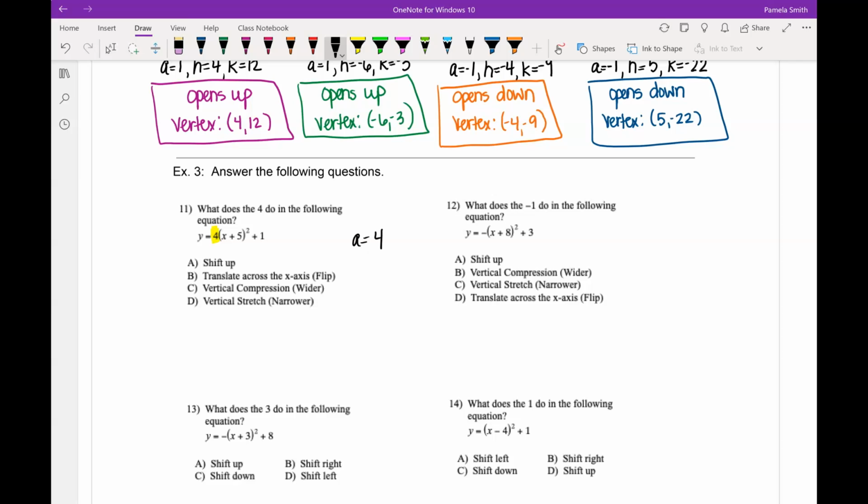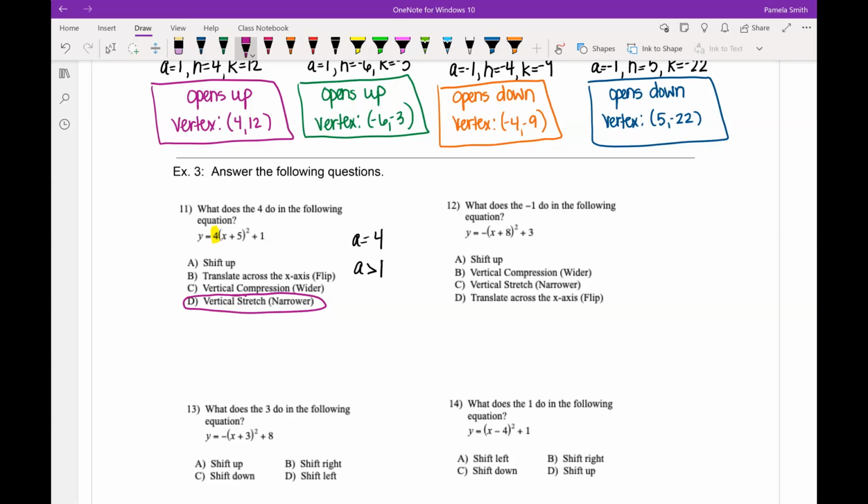If it's 4, it opens upward. That's not one of the choices, but I know that A is greater than 1. And from yesterday, if A is greater than 1, what do I know? Does that make the graph wider or narrower? Narrower. It's a faster rate of growth. So if A is greater than 1, we have vertical stretch.